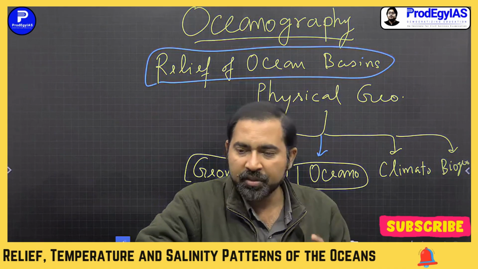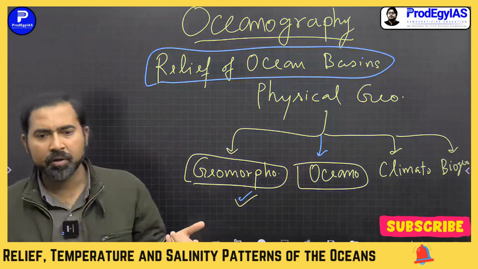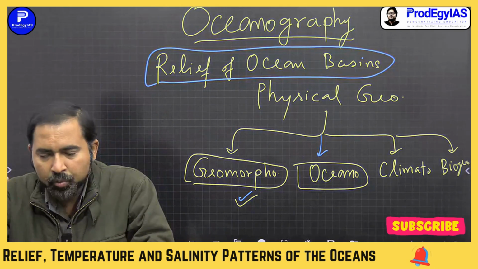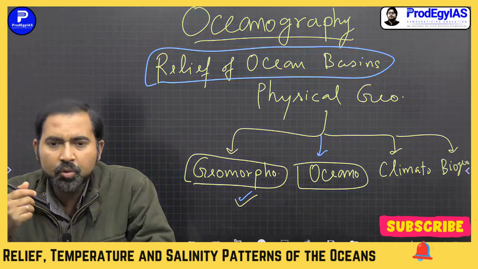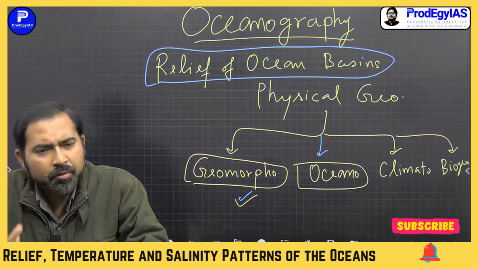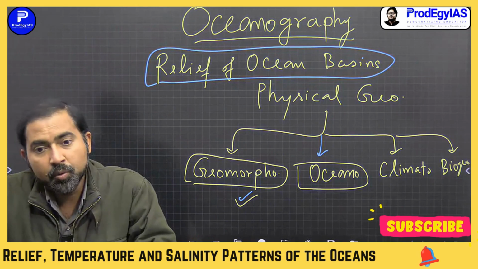Right? Because in your prelims examination, every year UPSC asks 1 or 2 questions from oceanic water circulation system, that is your oceanic currents, and possibly 1 or 2 questions also from the temperature or salinity pattern of the oceans.